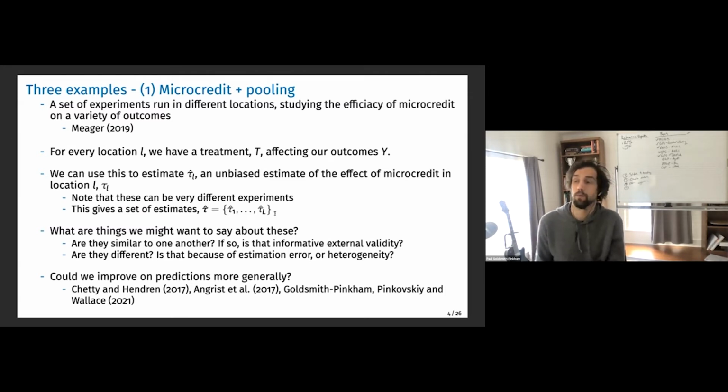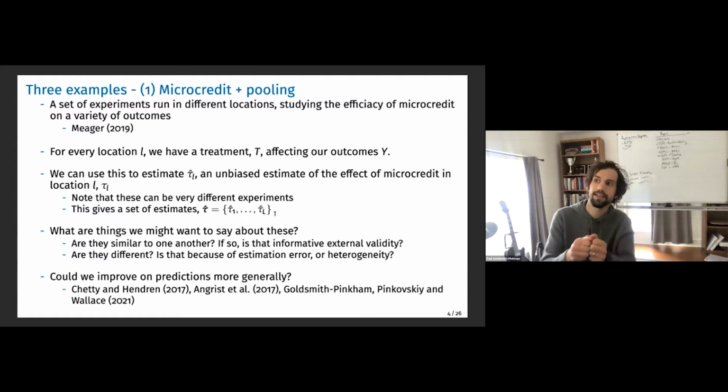The idea being, if I did this on a different site, could I predict what the effect is? Or the opposite version of this question: are there very different aspects of these estimates, and is that driven by estimation error, or by heterogeneity? In any one place there are so many features, so much heterogeneity in the impact of microcredit, that it's going to cause really big differences in different places.